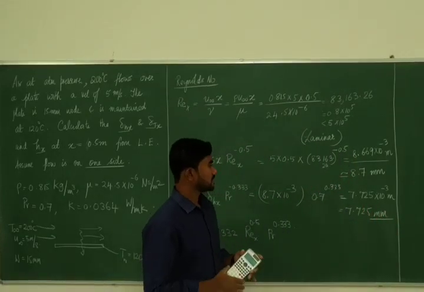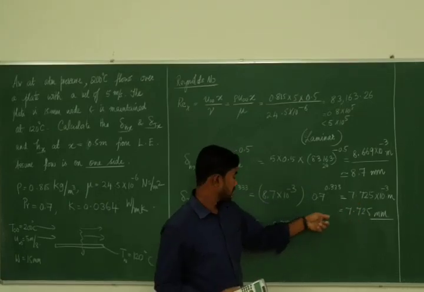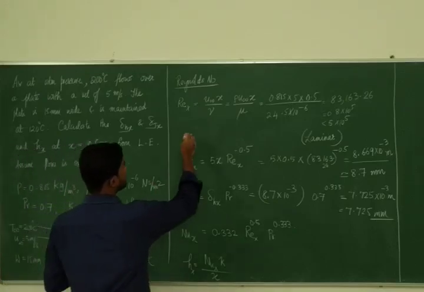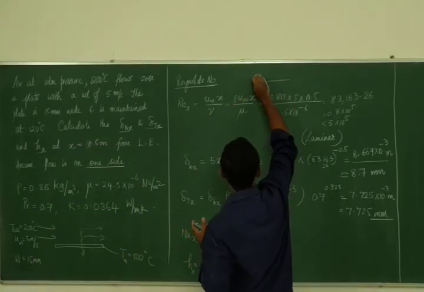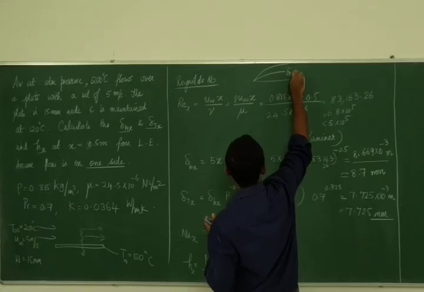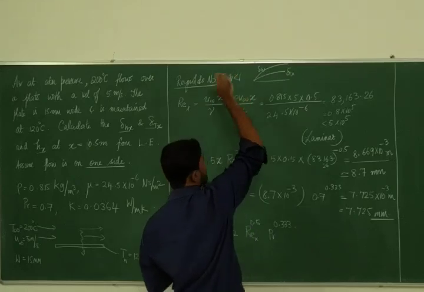So here you see the hydrodynamic boundary layer is thicker, thermal boundary layer is thinner. This will be the case when Prandtl number is less than 1. So when the Prandtl number is less than 1, you will see the hydrodynamic boundary layer like that and the thermal boundary layer like this.